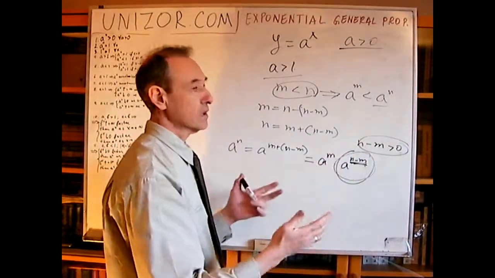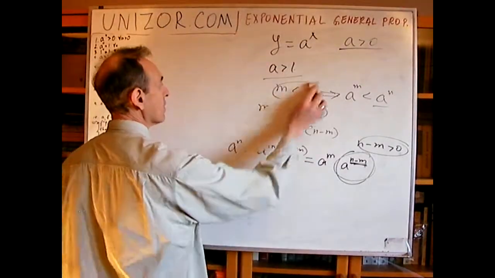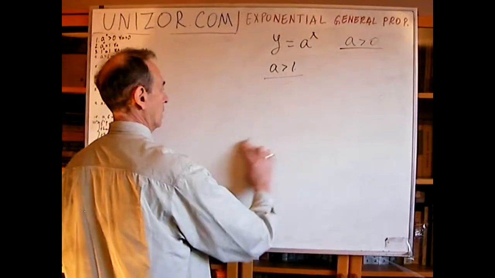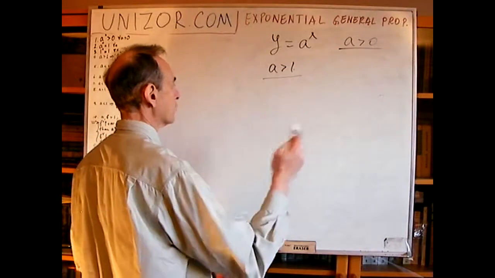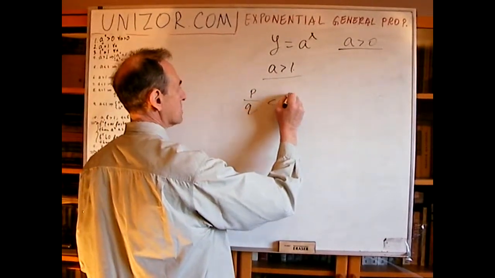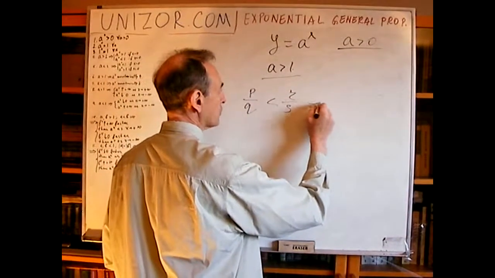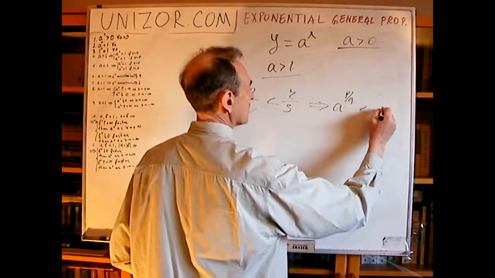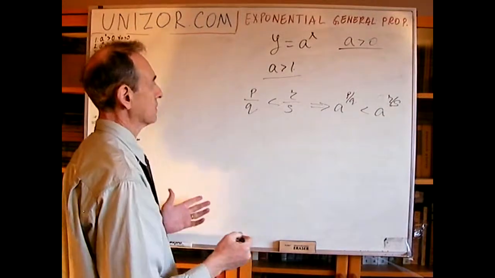Now, how can we expand it to, let's say, rational numbers? Well, it's really very, very similar. Let's say we have two different rational numbers, p over q, which is less than r over s. I have to prove that a to the power of p over q is less than a to the power of r over s. Now, how can I prove that?